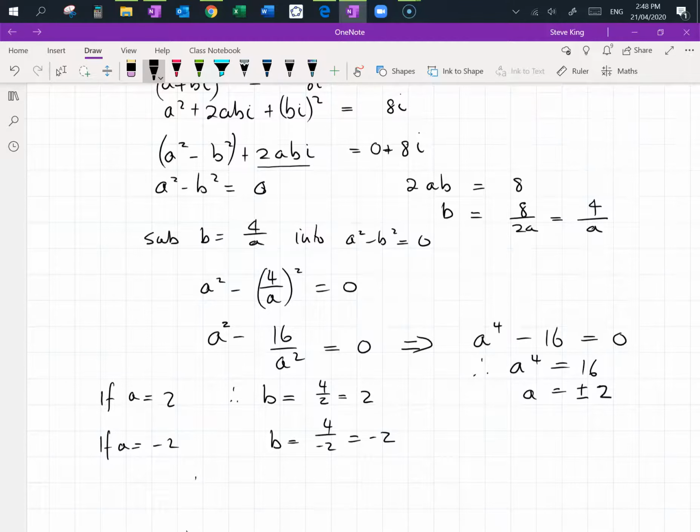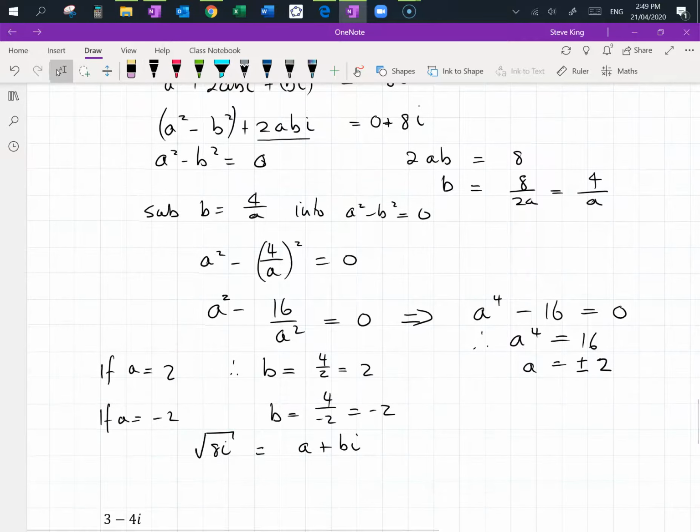The square root of 8i, we said, was this number a plus bi. So in other words, the square root of 8i is either going to be 2 plus 2i or minus 2 minus 2i. And so there I've got the square root of 8i.